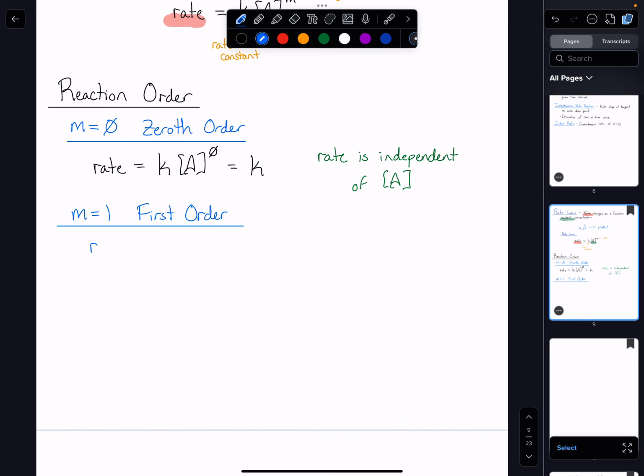We get our rate is equal to k times A to the power of 1, which is the same thing as saying there's no exponent there at all. So for a first order reaction, does the rate depend on the value of our reactant concentration?